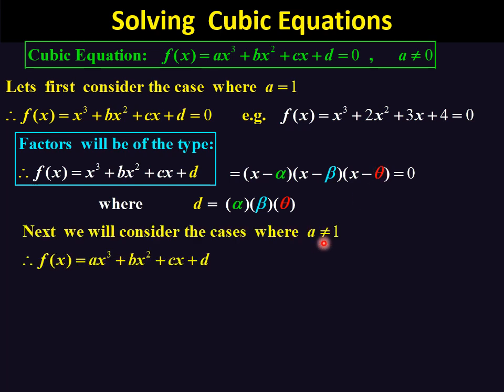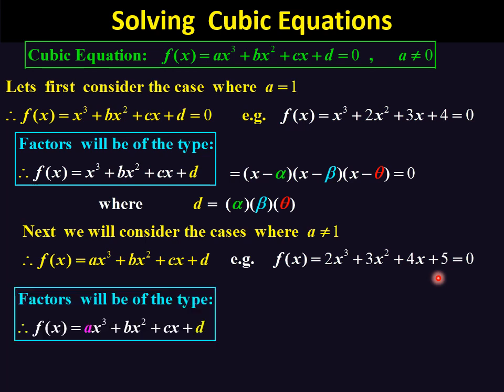Then the next option is where a is not a 1. In other words, I can have a value like a 2 or a 3 or a negative 3 or a 5. For example, 2x cubed plus 3x squared plus 4x plus 5. What will the factors of such a cubic expression be? So this a here, because it's not 1, is going to play a role. How many factors should there be? At most 3.